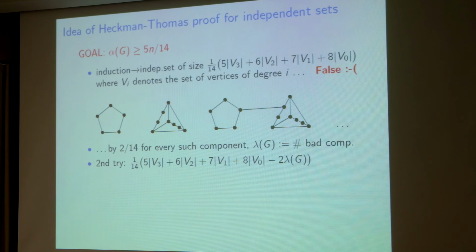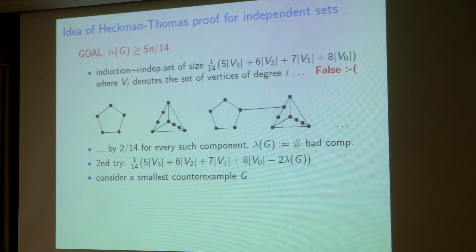This is what I just described: I will subtract 2/14 for each such bad connected component. It turned out that this statement is in fact true, and it increased the length from a one-slide presentation to about 2 pages.